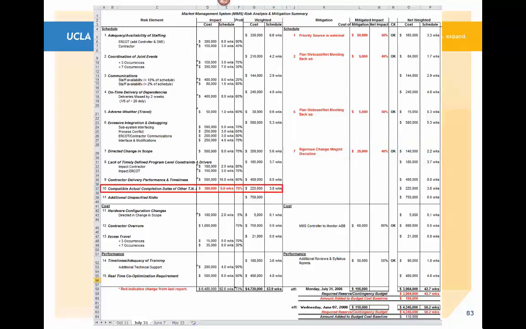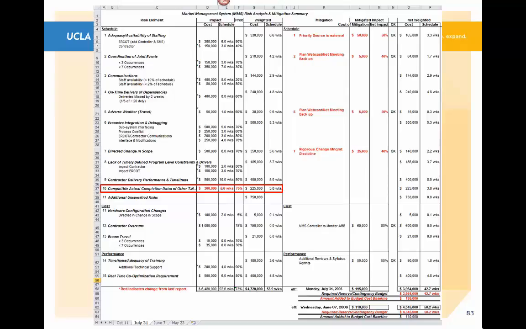There was one risk area, original risk area, that went the wrong way. This risk area has increased, and therefore the area of increase has been highlighted in red. And this is the risk of compatible actual completion dates of other requirements, and therefore we were worried.